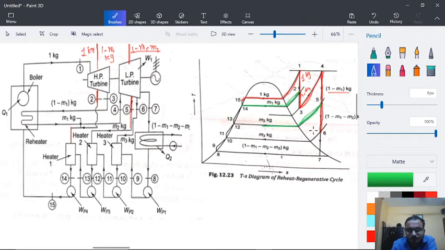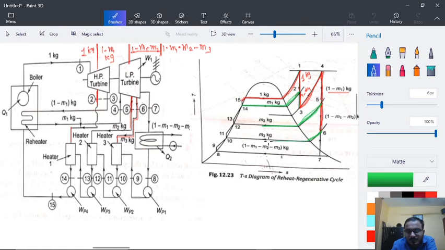And then we are having a third division here, in the LP turbine itself, 1 minus m1 minus m2 minus m3. Why? Because again we are having a third division for the LP turbine. Okay, so that is also going into heater number 3.